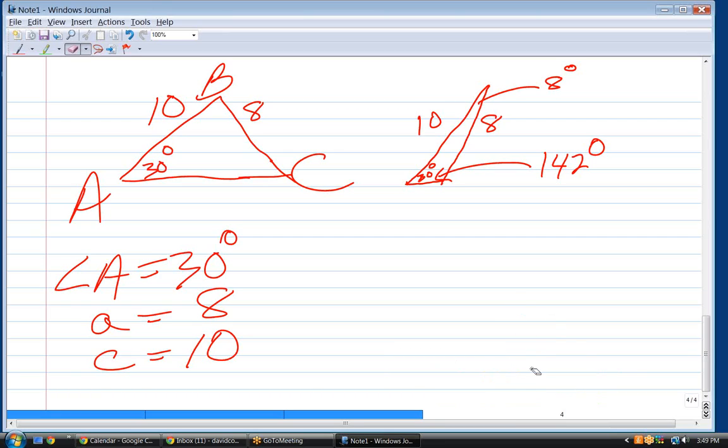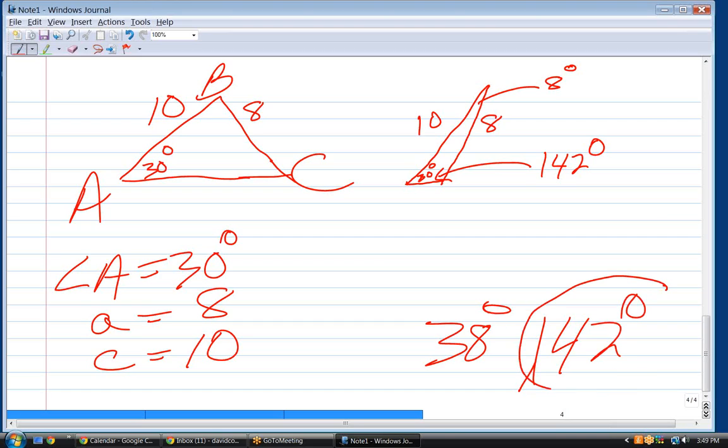Now, if I took my supplement, in other words, I came up with 38 degrees and 142 degrees, right? If I add 142 to the only known angle, 30, and I get more than 180, then this second solution is not possible, and I would discard it.